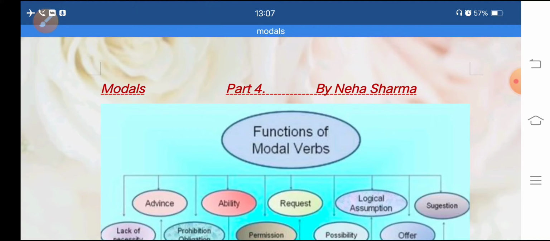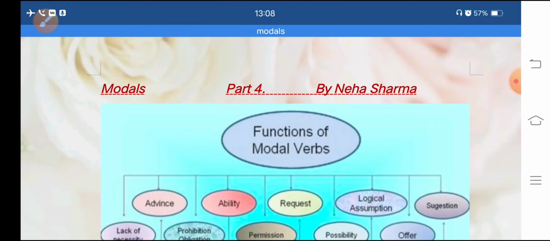Only the base form is required; we cannot add ing or ed to them. These are some of the necessary things which you have to keep in mind. Modals do not change form according to the number and person of the subject, and they help to express ability, possibility, permission and obligation.